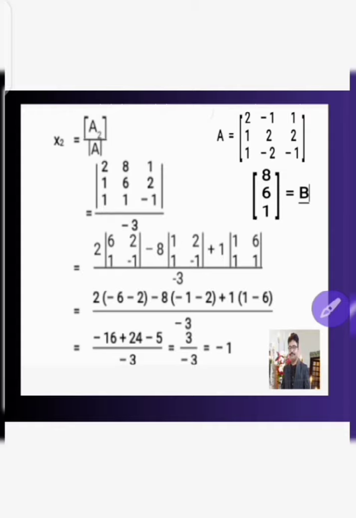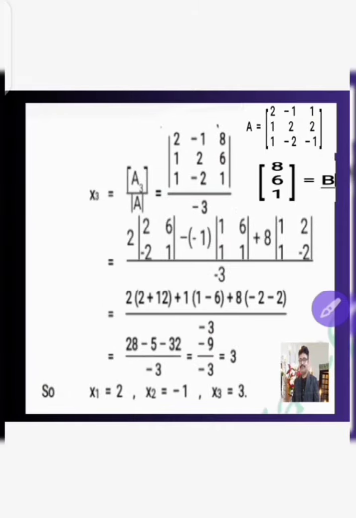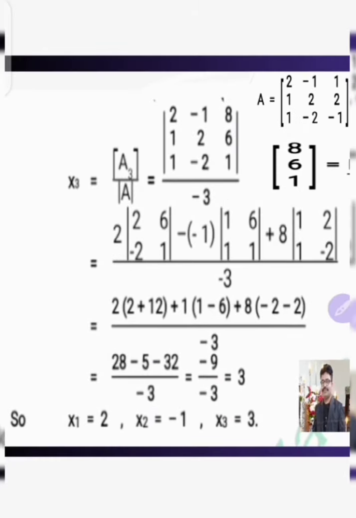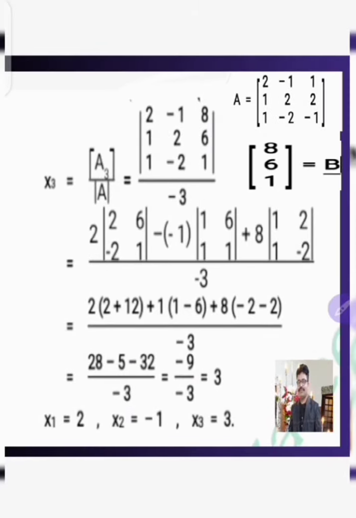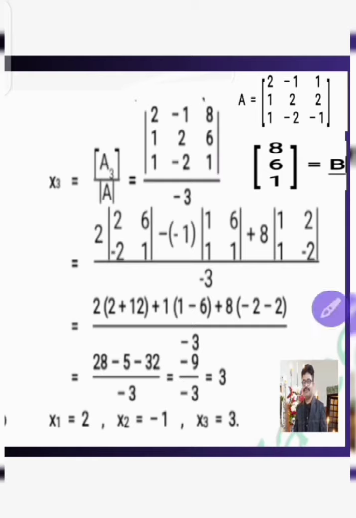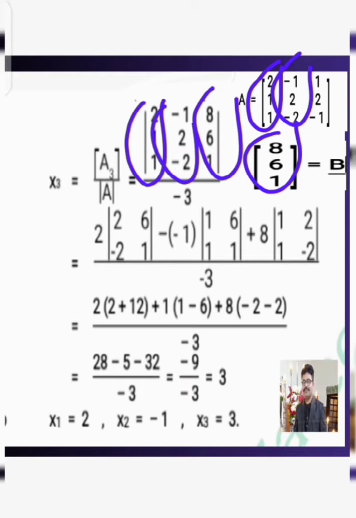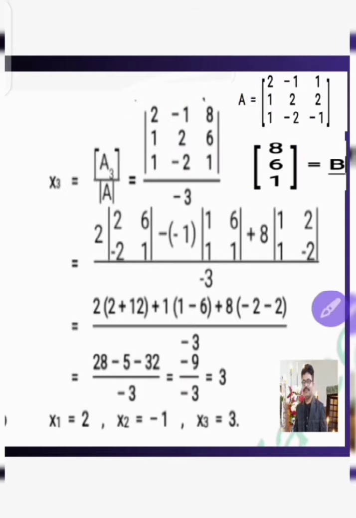Now we will find the value of x3. The procedure that I have told you before: if we find the value of x3, or determinant of A3, the value of b will be written in the third column and the remaining columns 1 and 2 will be written in their particular positions, column 1 and column 2.